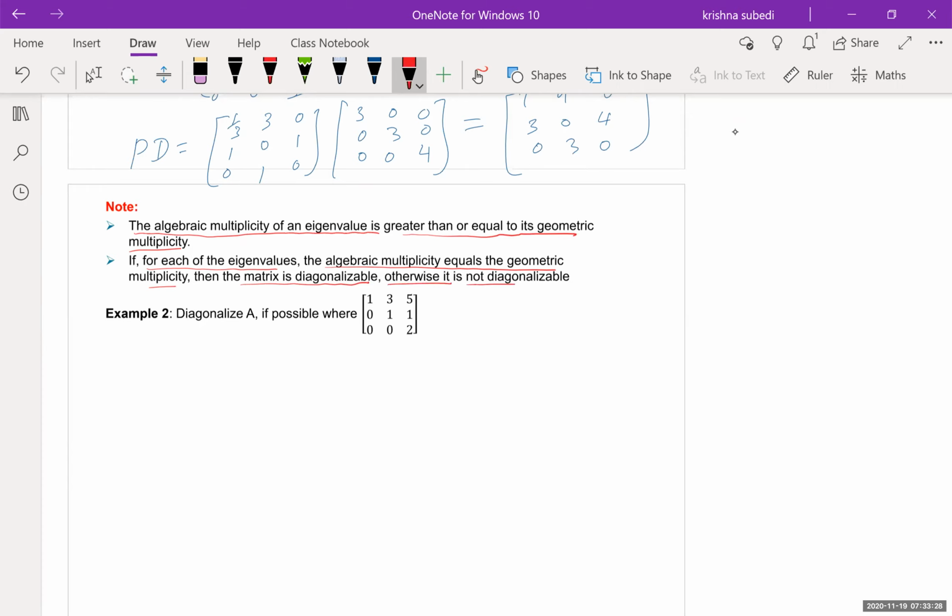Otherwise, we call the matrix defective. But if algebraic multiplicity is not equal to geometric multiplicity, then we cannot diagonalize that matrix, and we call it a defective matrix.